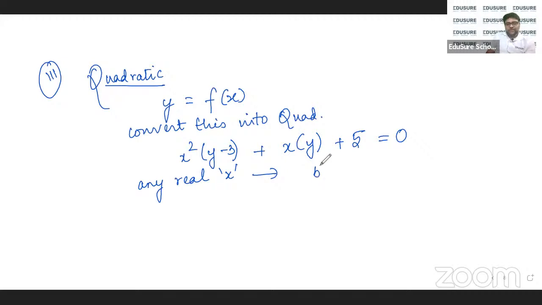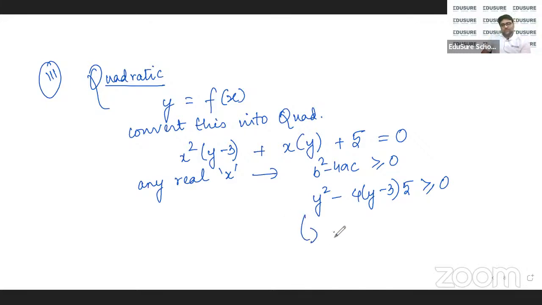That means the discriminant is greater than equal to 0, which is basically y square minus 4 into a, a is (y minus 3), into c. And then you solve it.